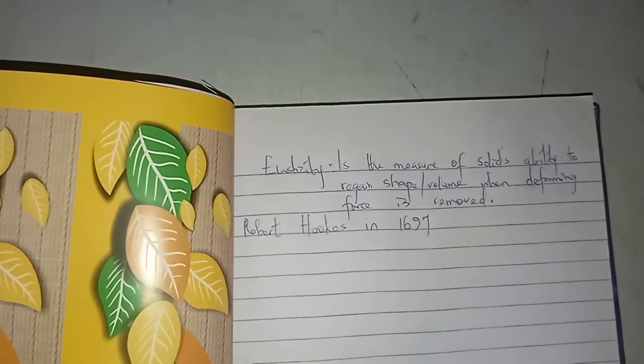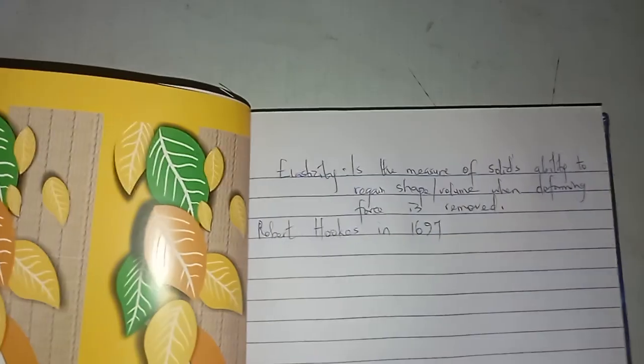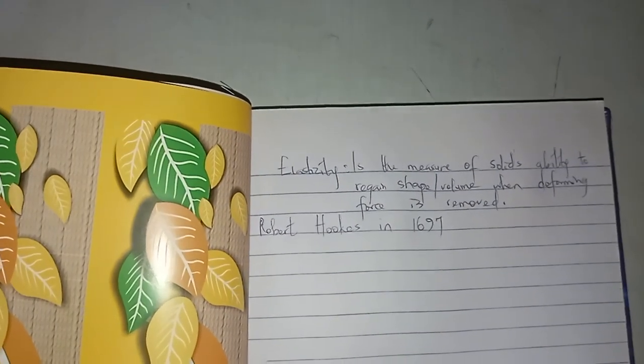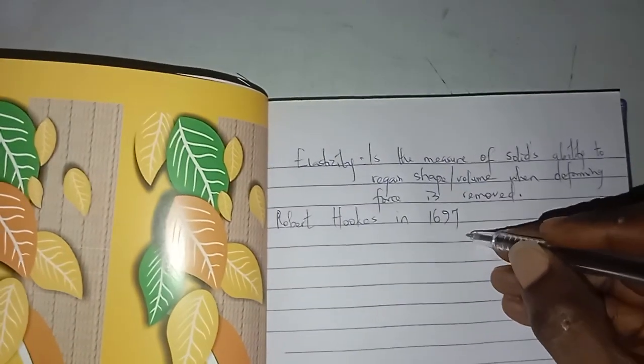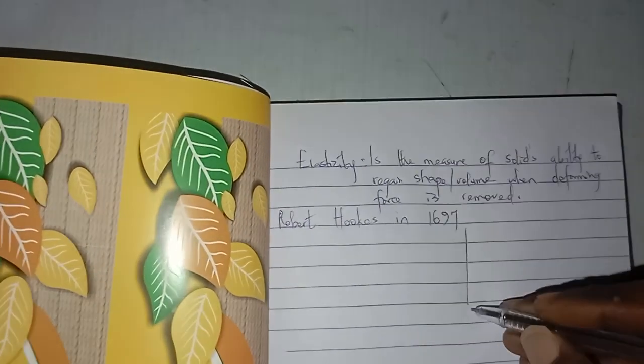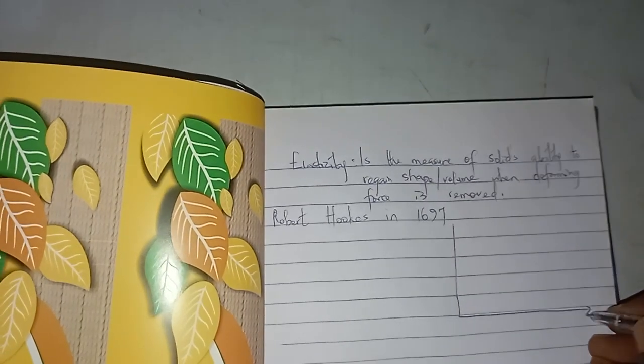I know there are people that proposed this before him, but he was the one favored, or that had much to make it his own idea. That's how I've discovered everything about these concepts: there are people that even mentioned or did something on that, but one person will come and take the whole glory. So they said that Robert Hooke in 1697 worked on a graph, like he stretched objects, and he came up with this graph you normally see.